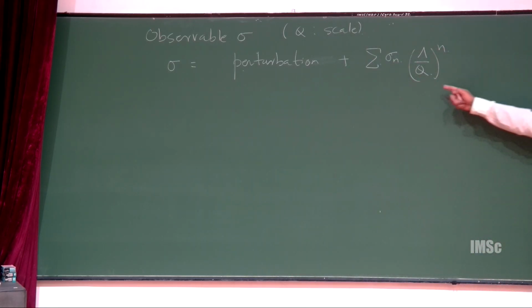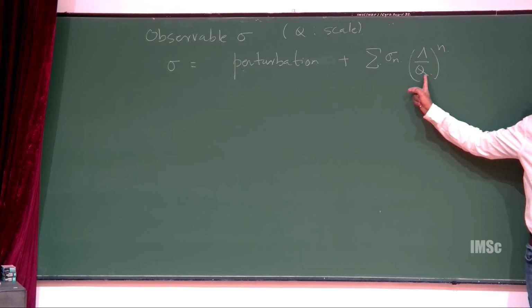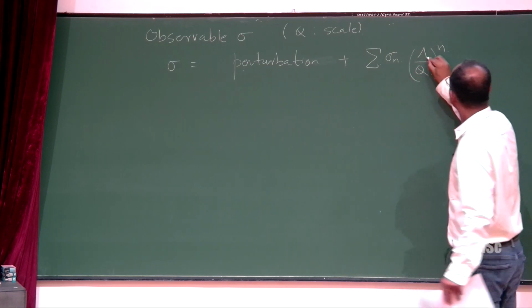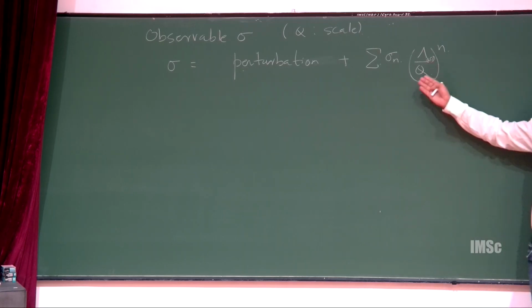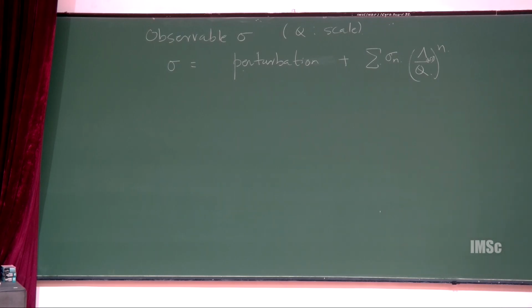These are suppressed by powers of Q. Lambda is lambda QCD. It depends on the number of flavors you have. So these corrections of the form 1 over Q or 1 over Q to the 4 cannot be captured by perturbation theory, but the total result will have both pieces: the perturbative result, which is a series expansion in alpha s, and these terms. These are called power corrections.